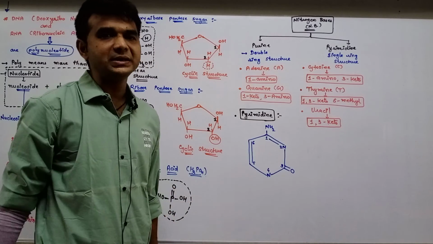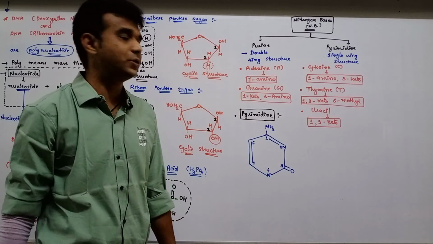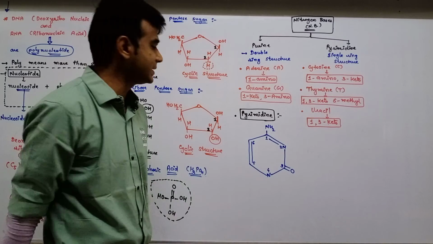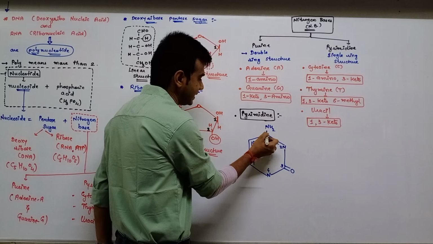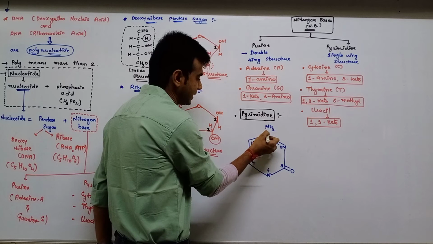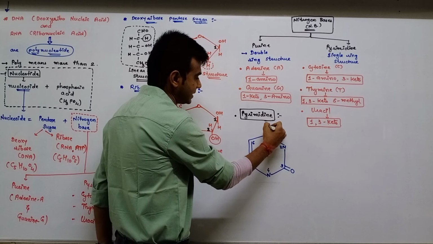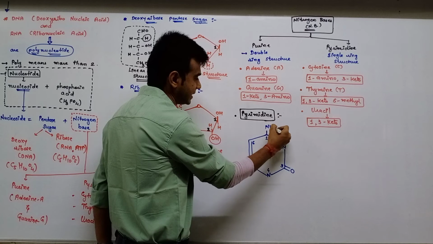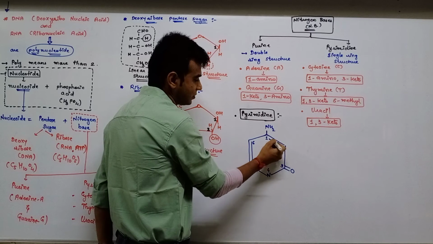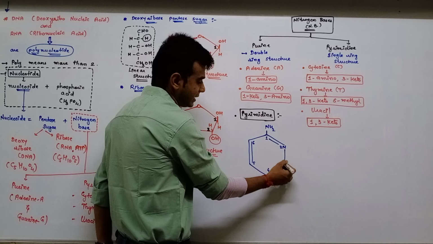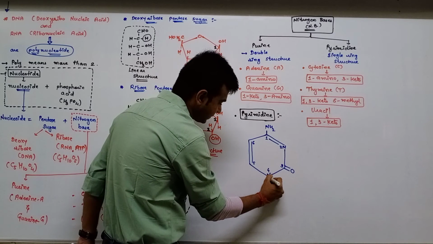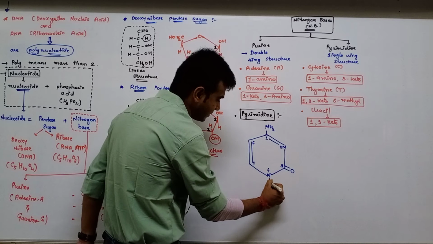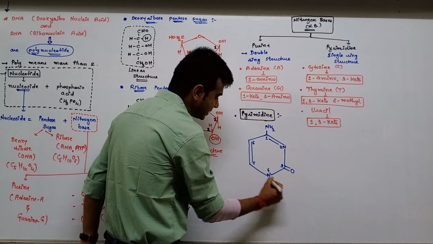Now the remaining valency we have to fill with hydrogen. Check the valency. Here the carbon has completely 4 valency: 1, 2, 3 and 4. Nitrogen has completely 3 valency, 1 is here and with 2 hydrogen. Nitrogen has completely 3 valency. Carbon has completely 4 valency. Oxygen has 2 completed. Now this nitrogen has 1 valency remaining, filled with hydrogen.